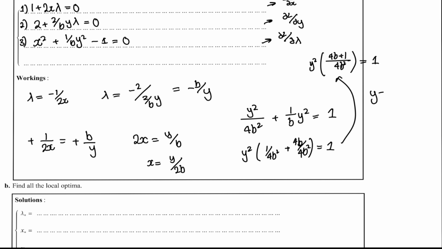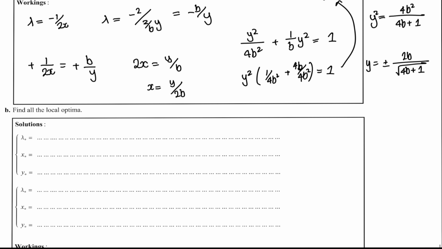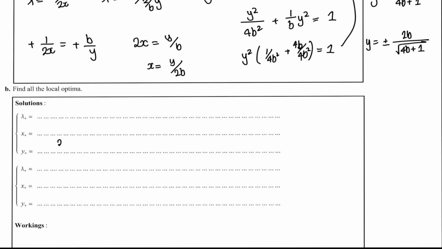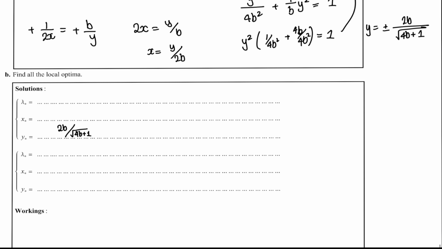So y squared is equal to 4b squared over 4b plus 1. So y is equal to plus or minus 2b over root 4b plus 1. So y is equal to 2b over root 4b plus 1, or minus 2b over root 4b plus 1.